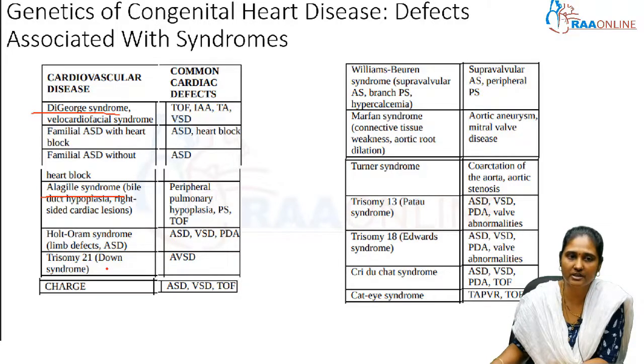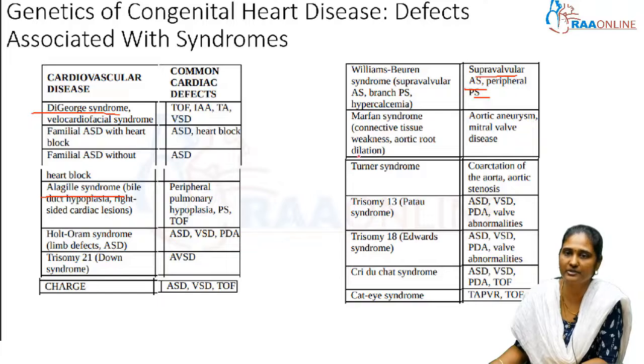As I already mentioned, in Down syndrome the atrioventricular septal defect, that is the endocardial cushion defect, is more common. Another syndrome is CHARGE syndrome, where septal defects and tetralogy of Fallot are more common. In Williams syndrome, the unique cardiac abnormalities are supravalvular aortic stenosis and peripheral pulmonary stenosis.